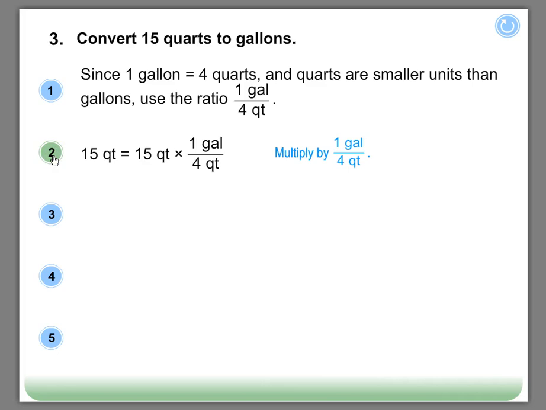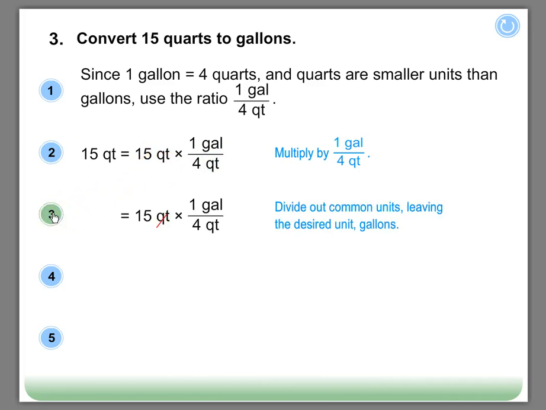So 15 quarts equals 15 quarts times 1 gallon over 4 quarts, because we want to be able to cross cancel our quarts, and we have to do that by having a denominator and a numerator. So 15 quarts, cross cancel the quarts, and now we're just left with gallons.